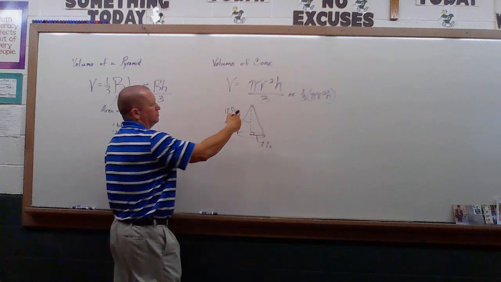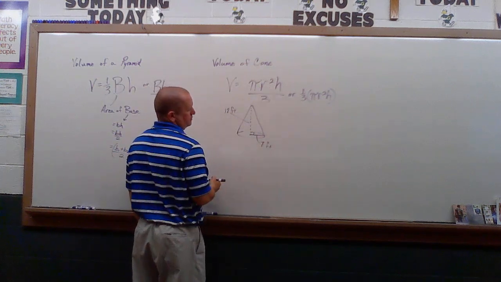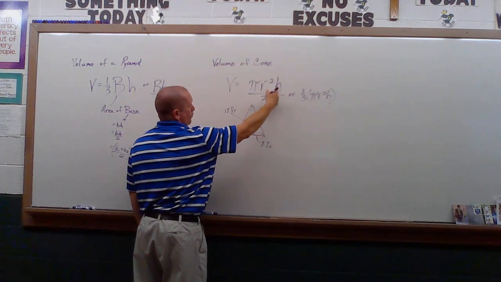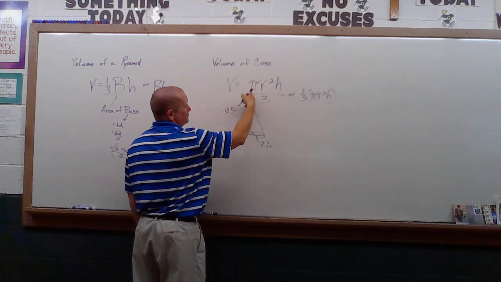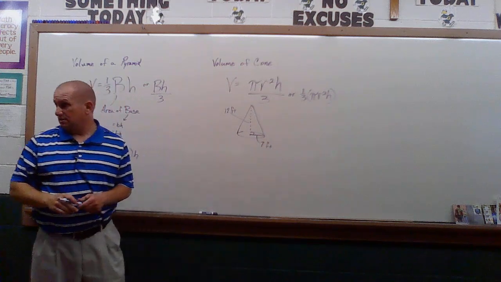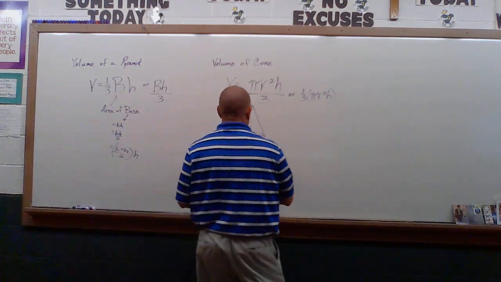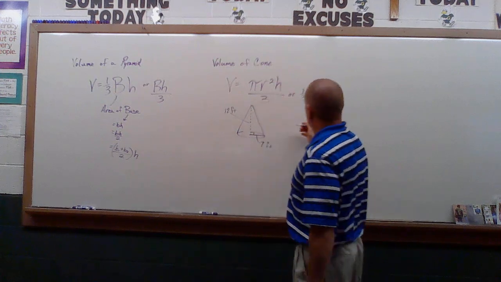So what are we going to do? What's r squared? 49. 7 squared is 49. What's my h? 12. 49 times 12 times pi divided by 3. Right? So I'm going to put it in here.